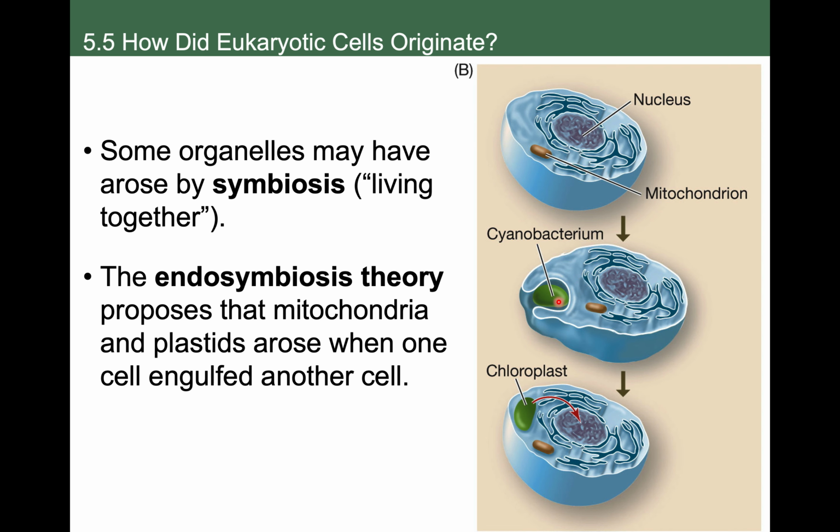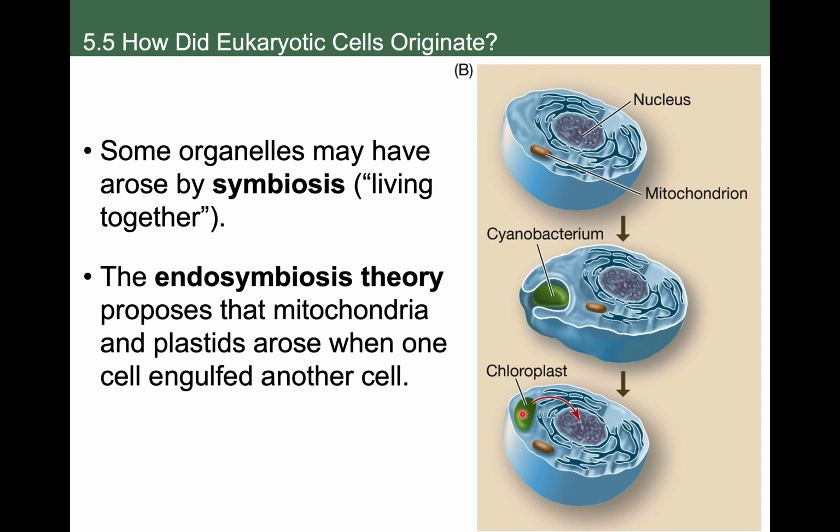And then at some point, what is believed to have happened is some of the DNA, some of the genetic material from that cyanobacteria was actually transferred into the nucleus of the cell. And so at that point, that bacteria is basically trapped. It doesn't have all of its own DNA anymore, so is incapable of leaving. And it's really dependent on that host cell to provide it some of the proteins that it needs to function.